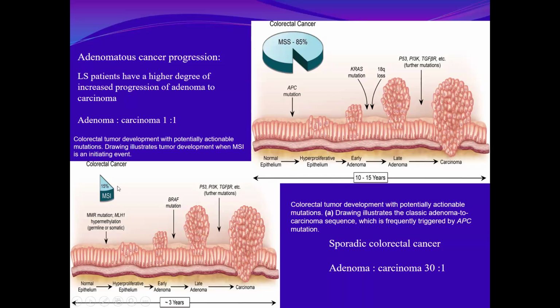But when there is microsatellite instability, like in these genes, as we described in the previous illustrations, it will accelerate the process of the adenoma carcinoma progression. It will happen during a shorter time period. So the ratio of adenoma to carcinoma in Lynch syndrome will be 1 to 1, while in the sporadic cases, it will be 30 to 1.